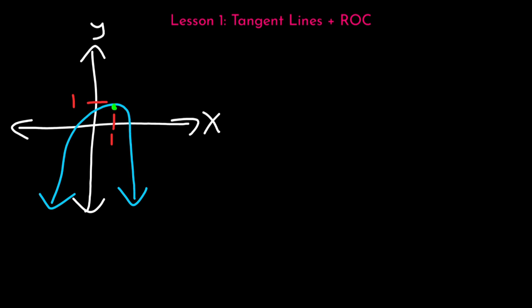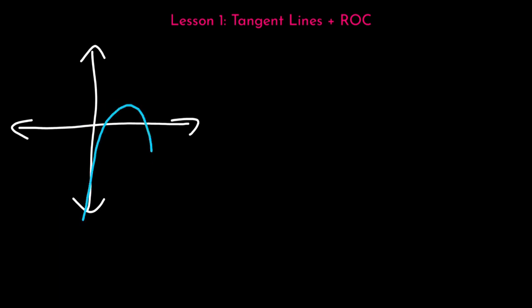What's it going to be? Now this is a bad parabola. Let me redo this. Let's do a nice even parabola like that. Now it's still going to be a point 1, 1, right? And if I want to find the instantaneous slope at that point, I'm going to put a tangent line right on it.